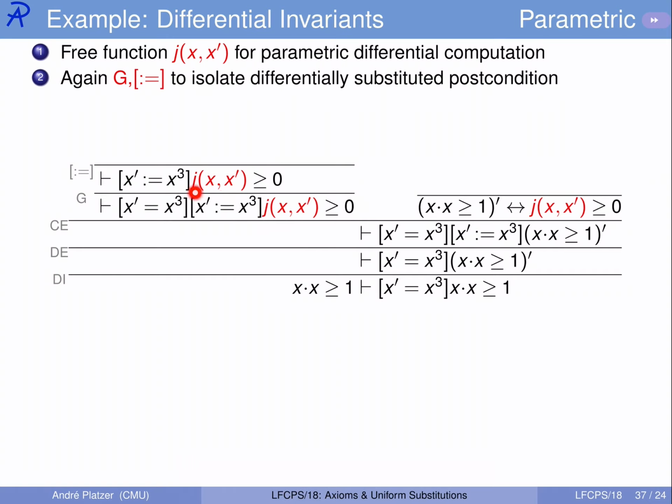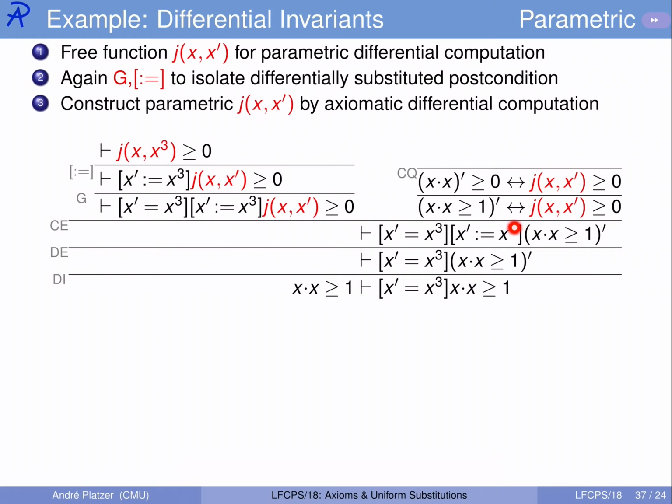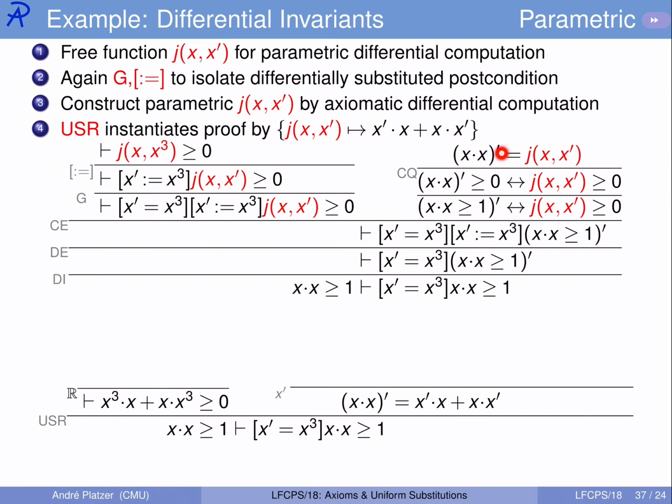For example, here, apply the Gödel reasoning principle and assignment to show that the remaining question is whether j of x and x cubed is greater or equal to 0. And on this side, we can continue the proof a little bit as well, reasoning on that side and on this side, and then ultimately say, I think I got it. I know what I need to plug in for j of x and x prime, and we're plugging it into an entire proof by uniform substitution.